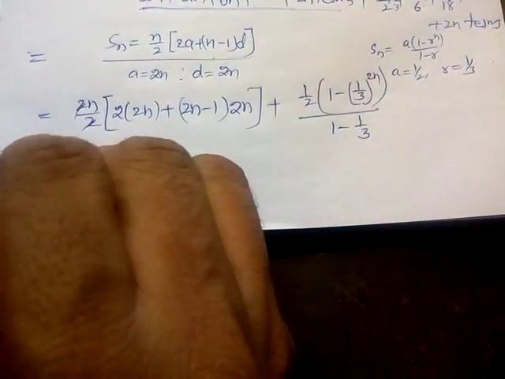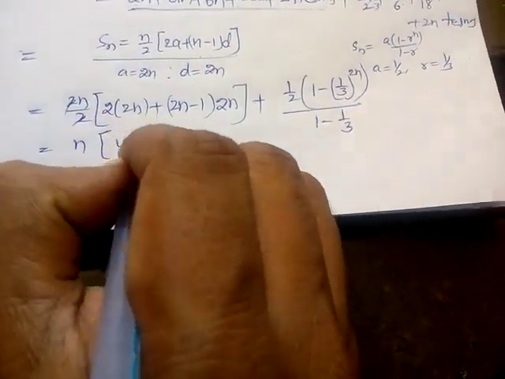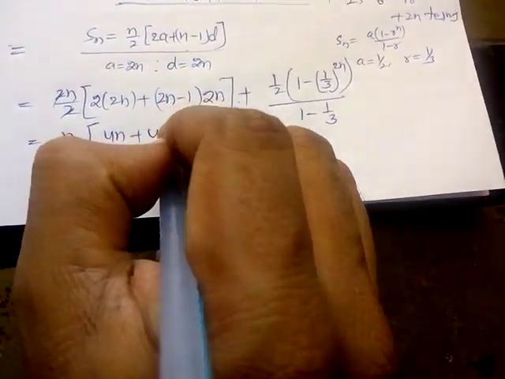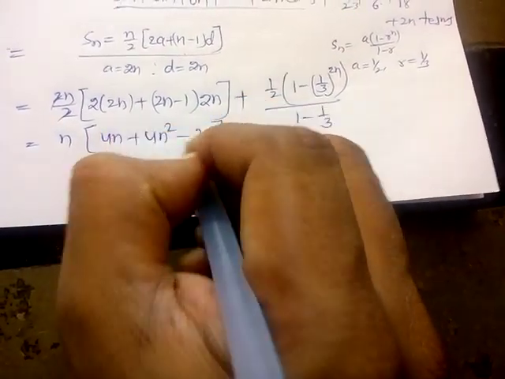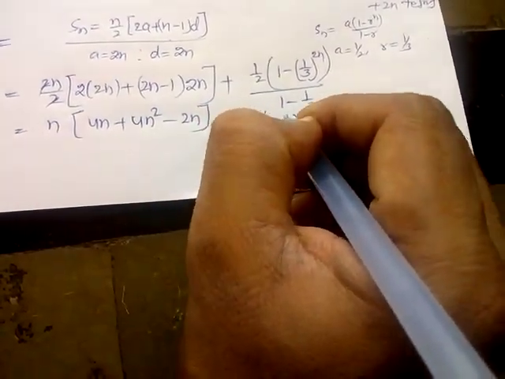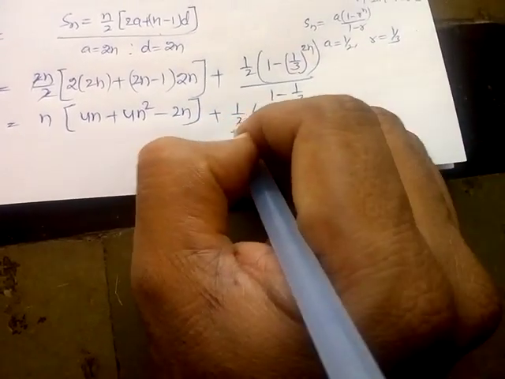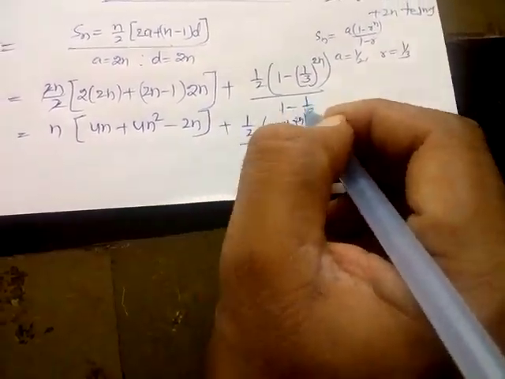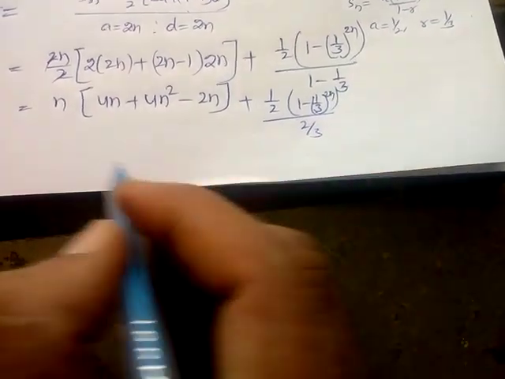So the 2 gets cancelled: n into (4n plus 4n square minus 2n) plus 1 by 2 of (1 minus (1 by 3) to the power 2n) by (2 by 3), since 3 minus 1 is 2, giving 2 by 3.